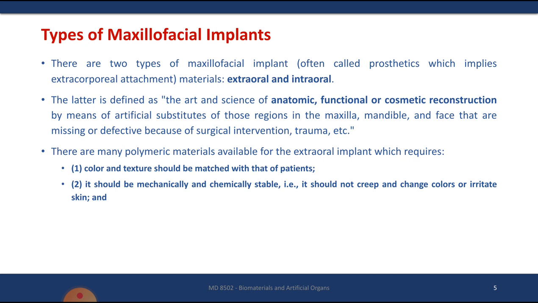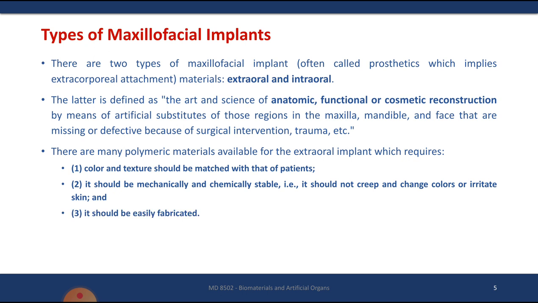So that implant which we are placing should be able to bear the force which we are giving during chewing and all those activities. And chemically stable is as usual, it should not react with the blood and the saliva and all those things, and it should not cause any reaction.